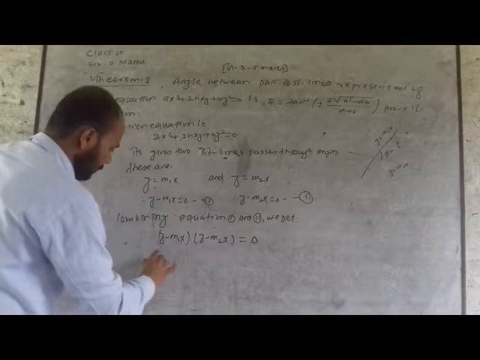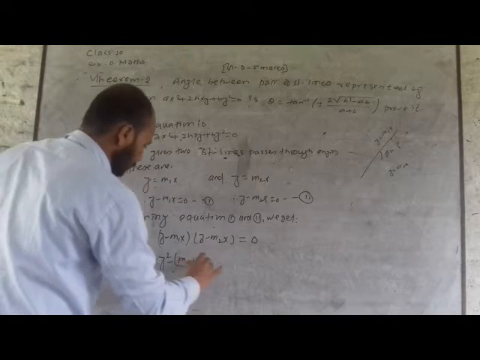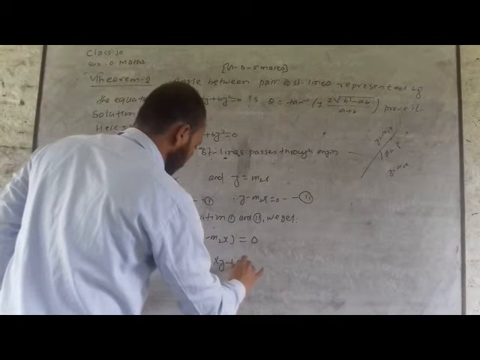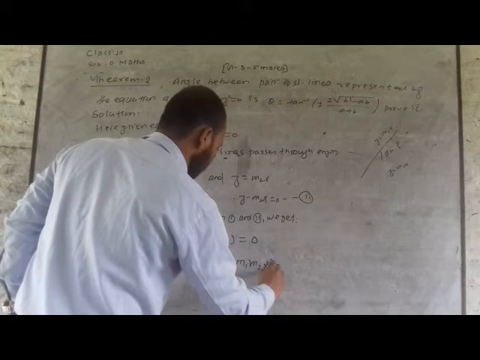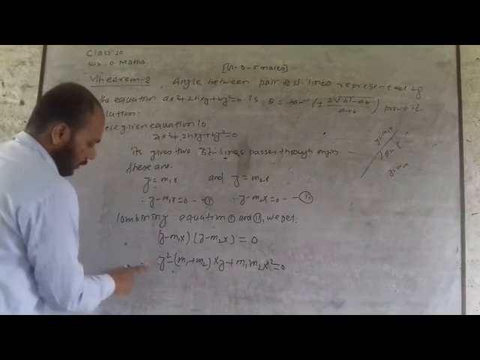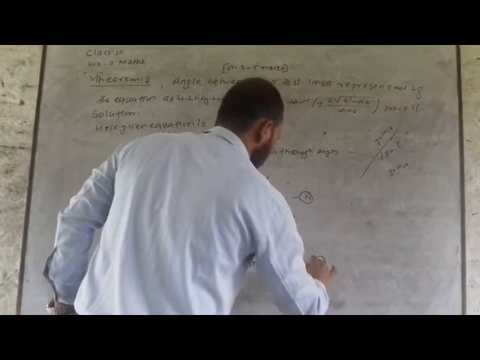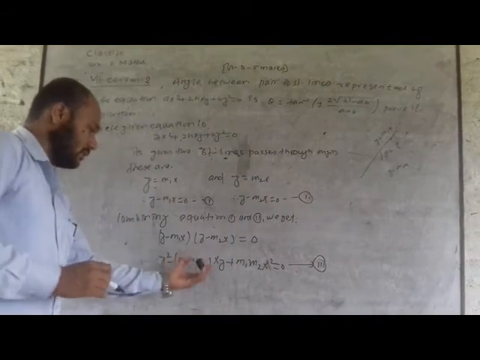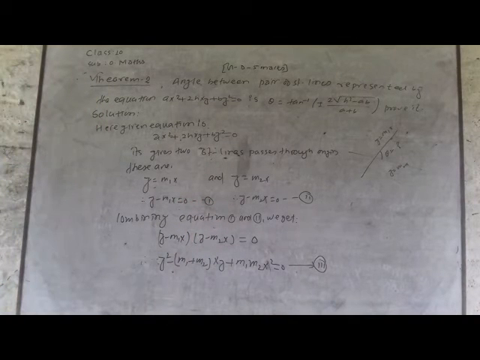And here we have y square minus (m1 plus m2) xy plus m1 into m2 x square. Understand? And let it be 3. Okay. When we combine these two equations, we get this much. Okay, write down.